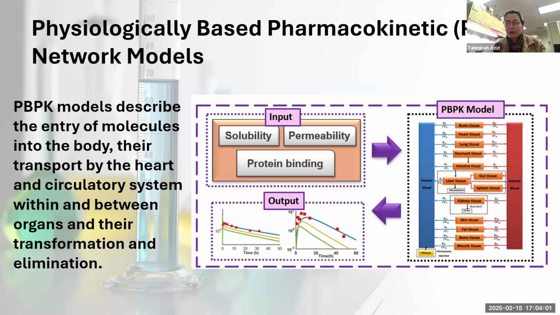The model on the right-hand side of this slide may not be that clear, but as you can see, there are different compartments in it, depending on the availability of data.